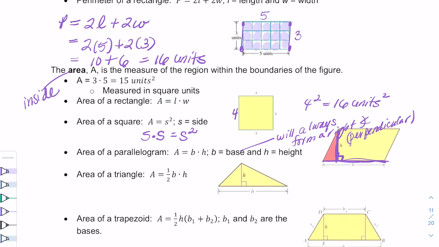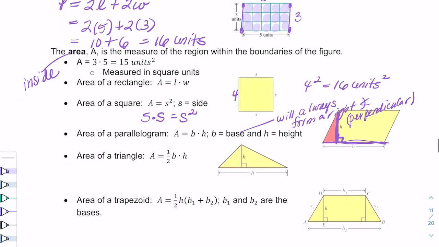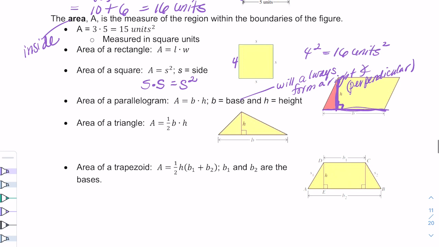A triangle also has a base and a height. So if I want to find the area, I would just take 1/2 times the base times the height. And then another 4-sided figure, the trapezoid, is area equals 1/2 times the height times base 1 plus base 2. So the bases are going to be the 2 sides that are parallel to each other.